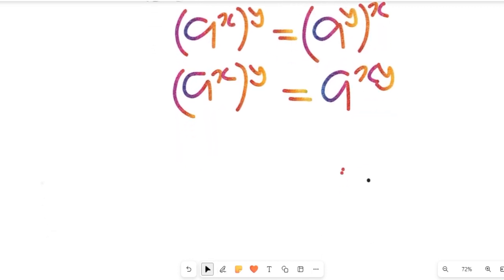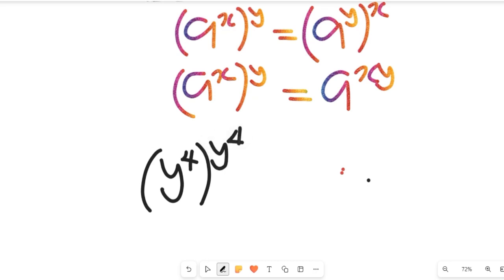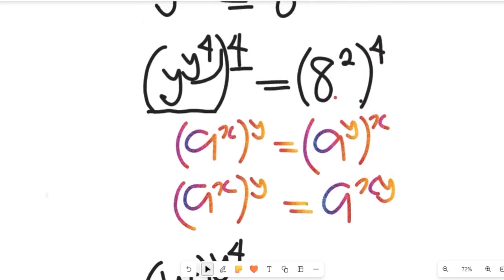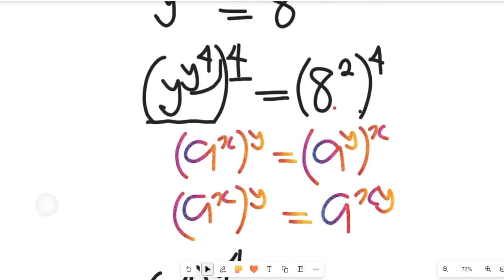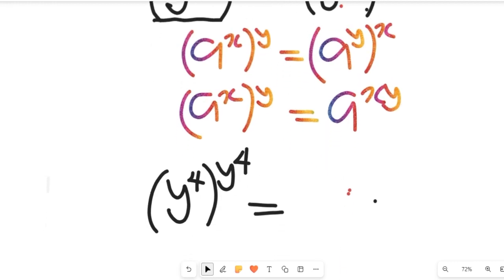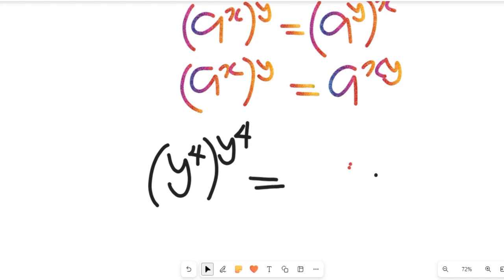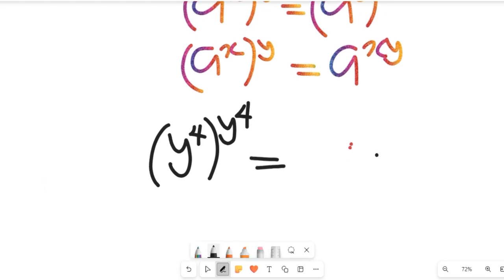That gives us y to the power of 4, which is the initial exponent, all to the power of y to the power of 4, equal to 8 to the power of x. Following the second law, we have 2 multiplied by 4, which gives us 8 to the power of 8, because 4 times 2 is 8. Now, do you notice something?